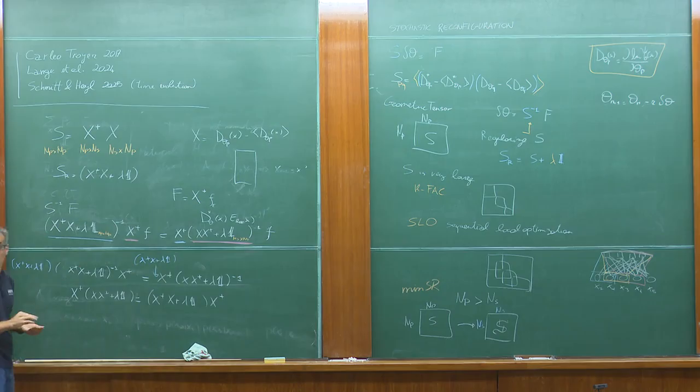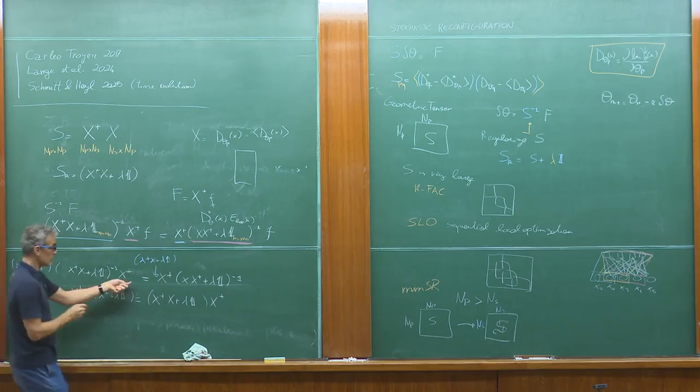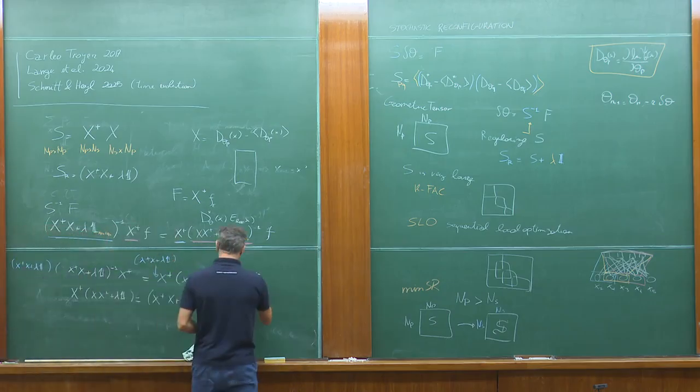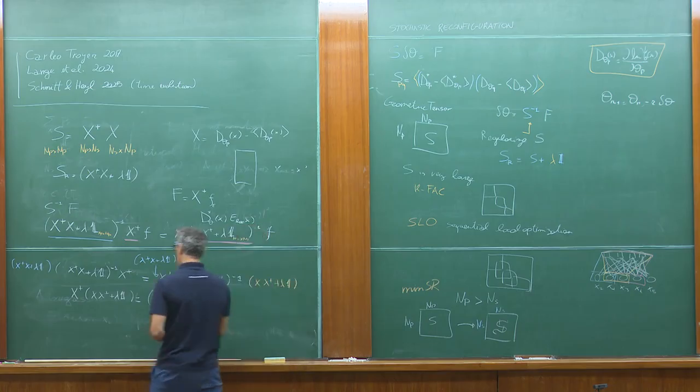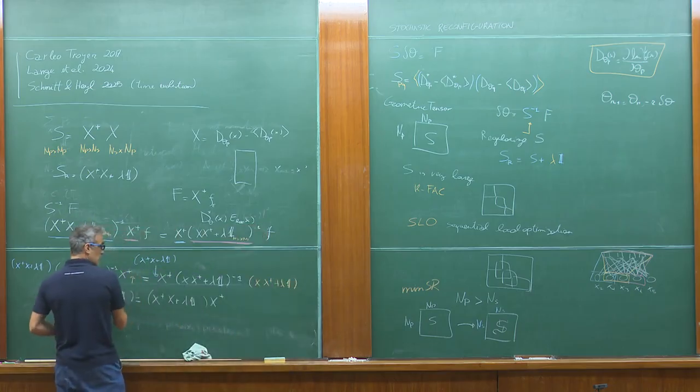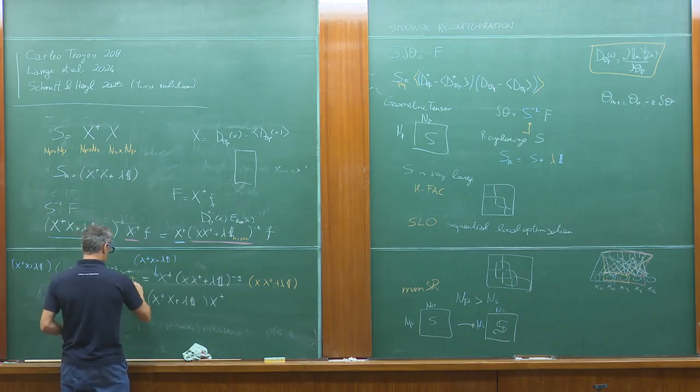And then I do the same for this thing. I multiply here by x dagger plus lambda, and I do it here as well, right? Okay?